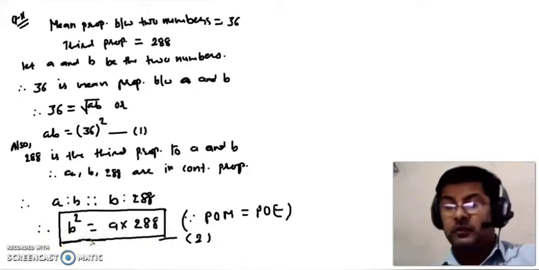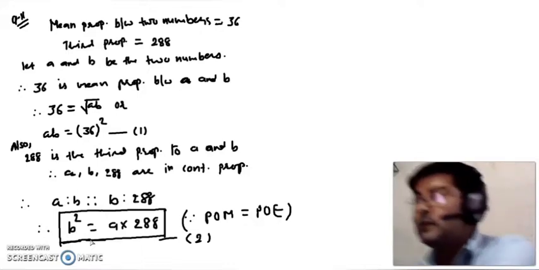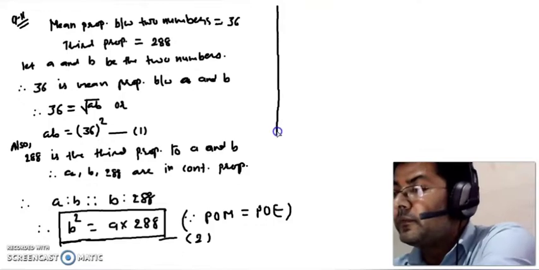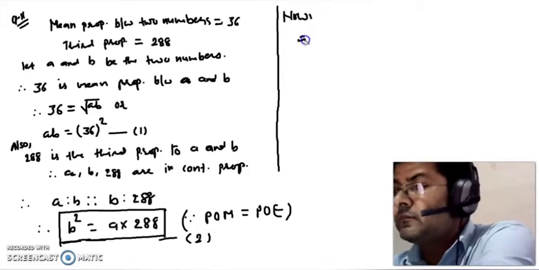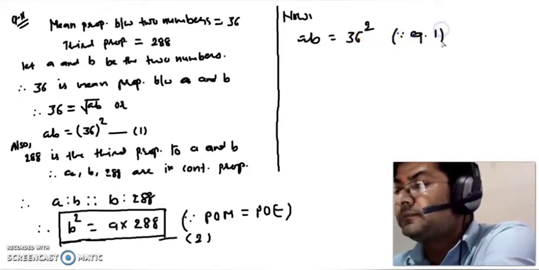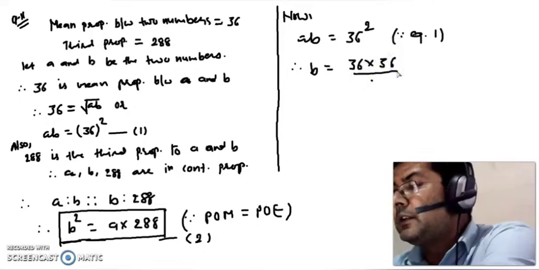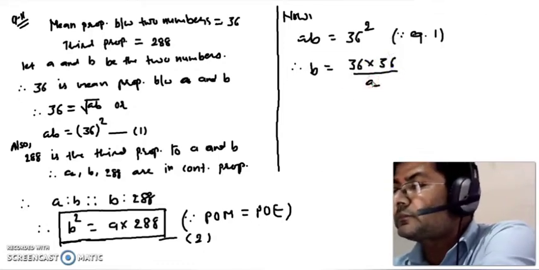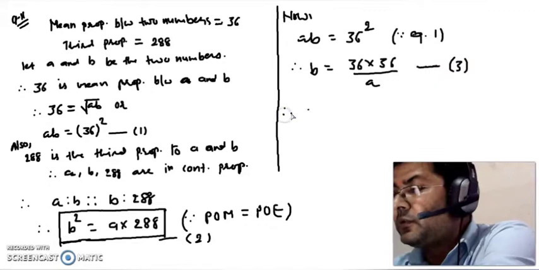Now let us take the first equation and make b the subject. We have ab is equal to 36 square. This is equation 1. Therefore b is equal to 36 into 36 upon a. Now this is the value of b which we can substitute in equation 2.